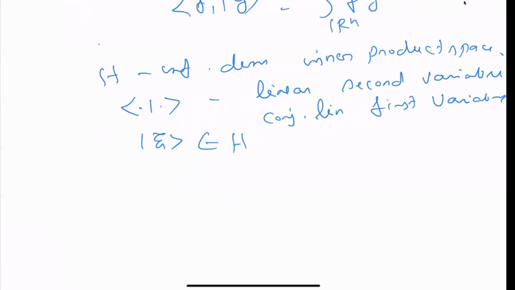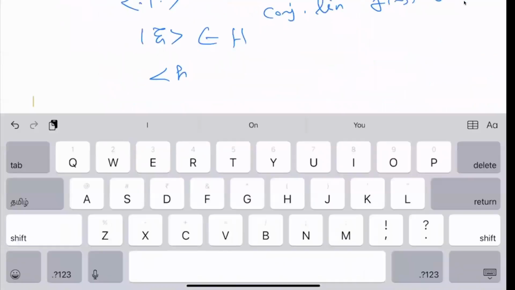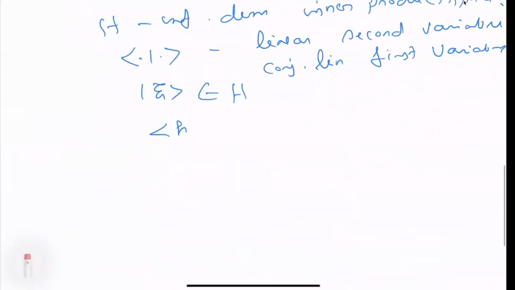So eta in H star is identified with H through the following.